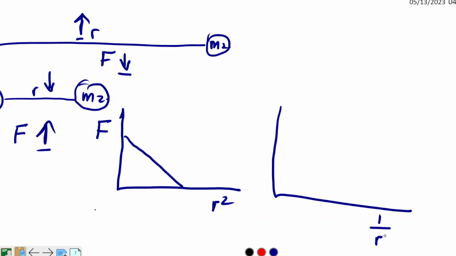The inverse of a distance. What will be the relationship here? So remember, we say F is inversely proportional to the square of the distance.